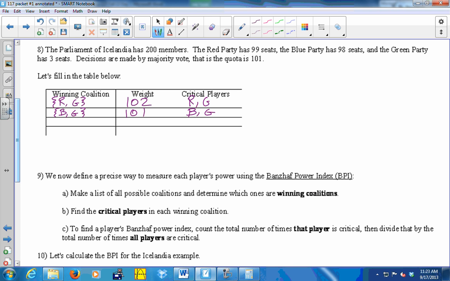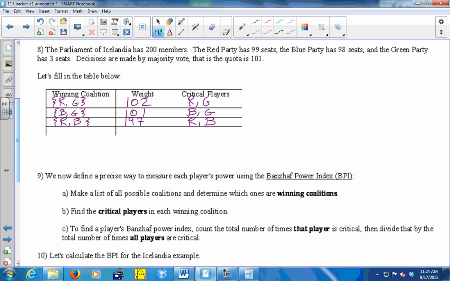Anybody else? Red and blue, yeah, they have a lot together: 99 plus 98 is 197. Can either of them walk away? No, they're both critical. If either of them leaves, the other one is still a little shy of 101 votes.